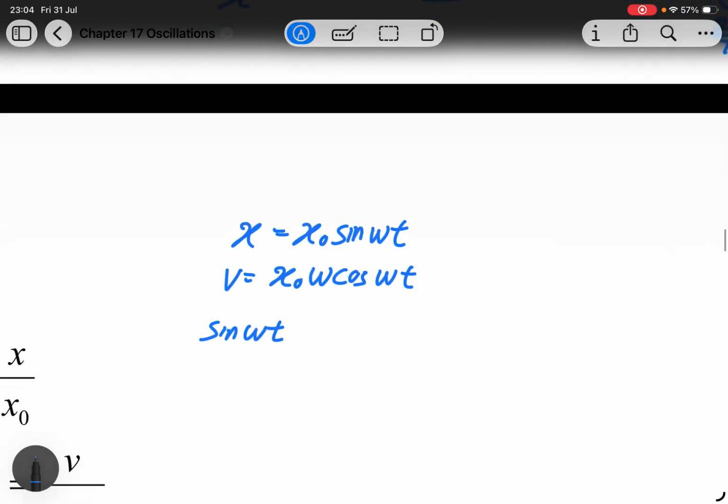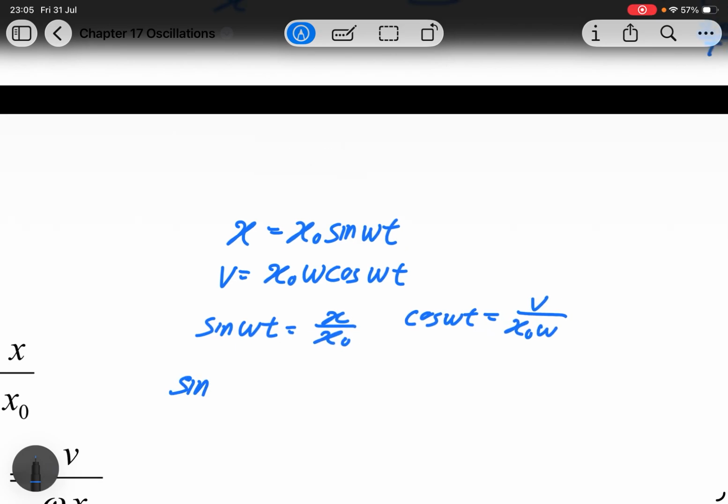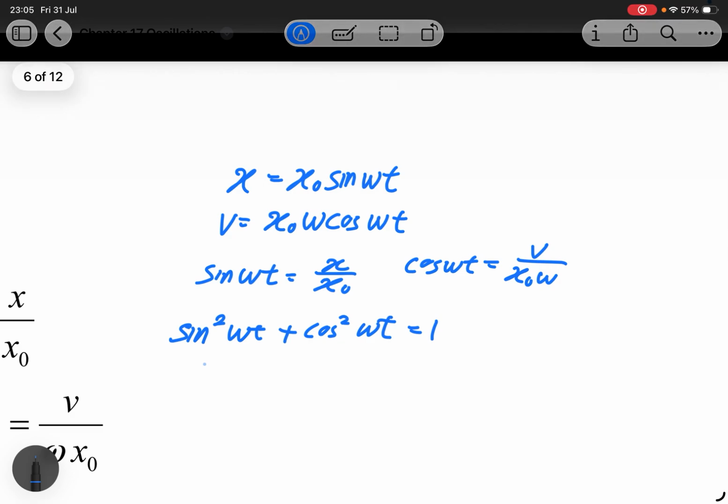Sine omega t equals x over x naught, cos omega t equals v over x naught omega. And according to the trigonometric formula, sine squared plus cos squared equals 1, so you can substitute everything.